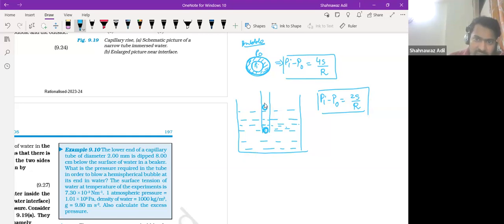This is in contact with air, so it will have atmospheric pressure plus the height of this tube. So P0 total would be PA plus rho g h, where h is the height of this capillary tube.